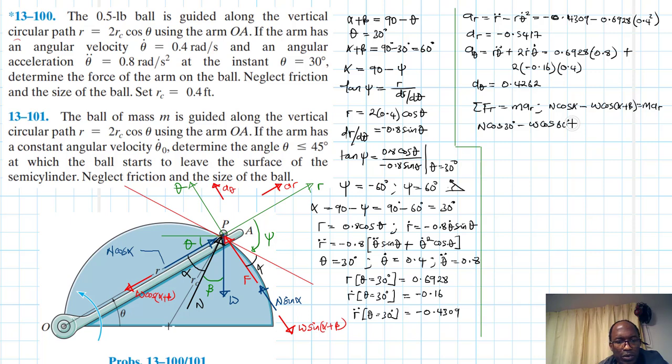These are both cos, right? Then this is equal to the weight, which is 0.5 divided by the acceleration due to gravity in feet per second squared, times a r, which is minus 0.5417.